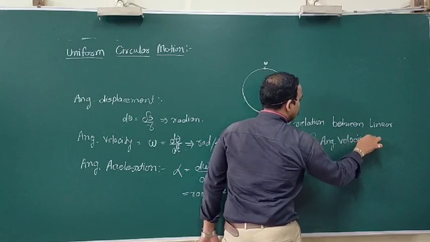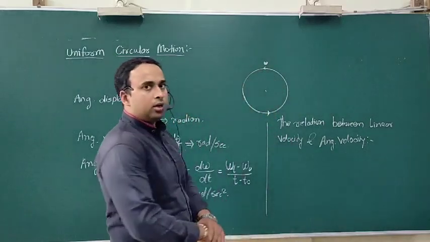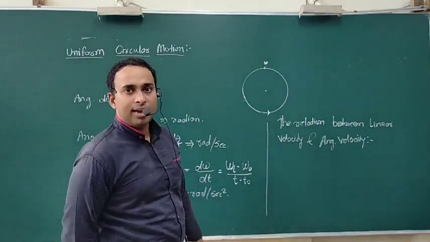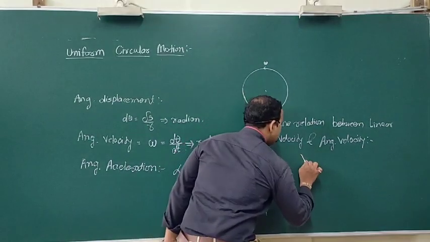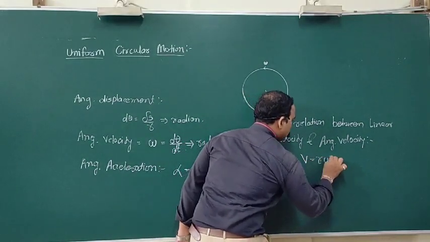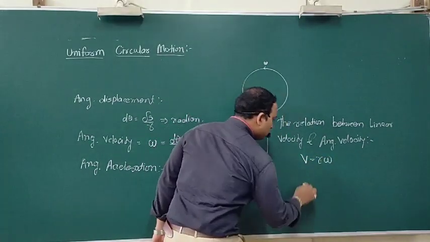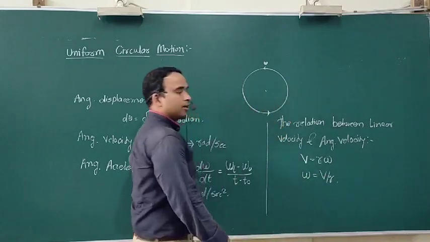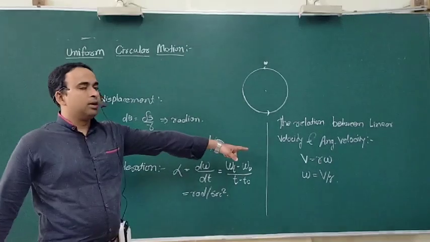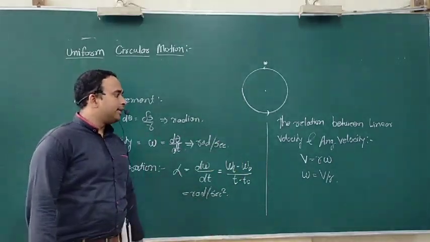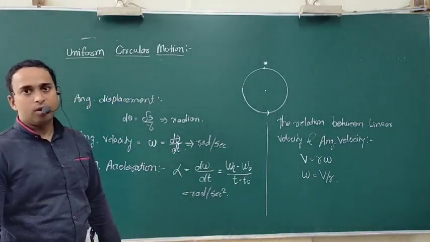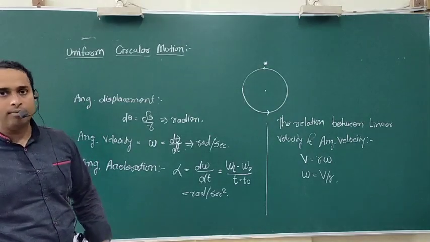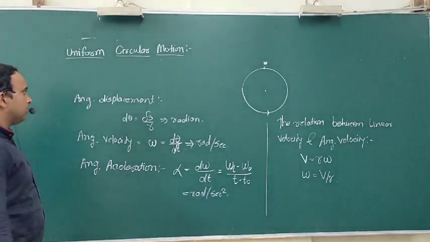The relation is v is equal to r omega, or omega is equal to v upon r. This is the relation between linear velocity and angular velocity. These are the basic concepts.